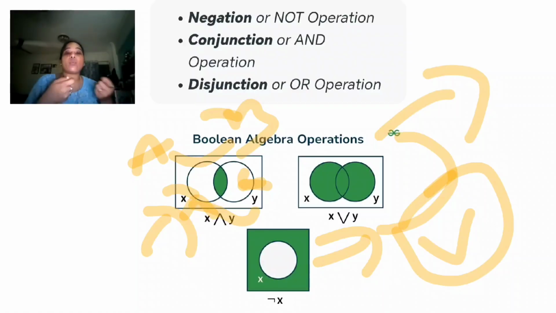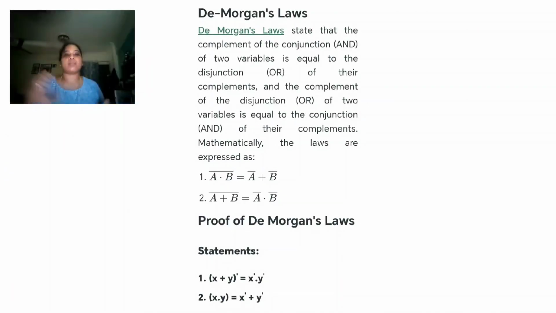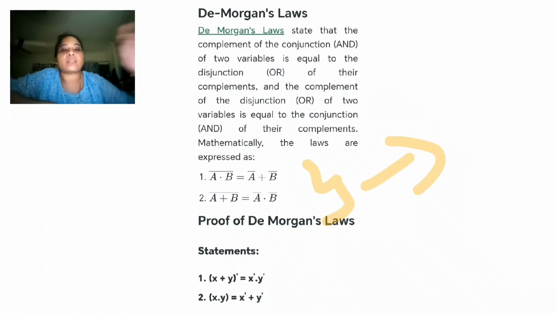If you are taking any one of the parts, you should use the OR operation. If you want particularly this one, like that, in real-time examples we use the negation operation, that means NOT. In De Morgan's theorem or law, both are the same. Here they are mentioning these expressions.